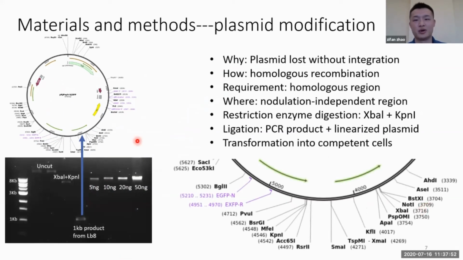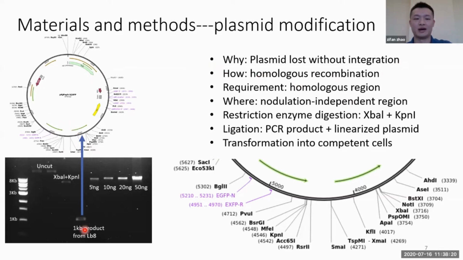This slide shows more details about how the plasmid modification works. The reason we do the plasmid modification is that before, we didn't insert the plasmid into the genome, and we found the plasmid was quickly lost in the bacteria without integration. If we want to insert the whole plasmid into the bacterial genome, we have to put a homologous region into the plasmid.